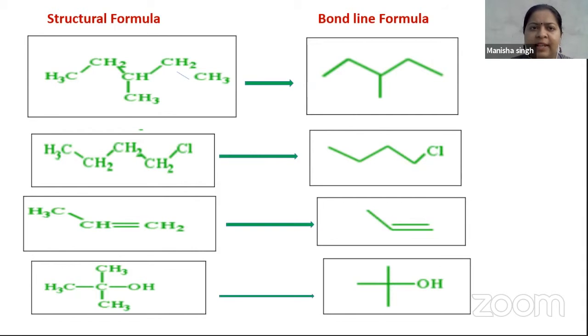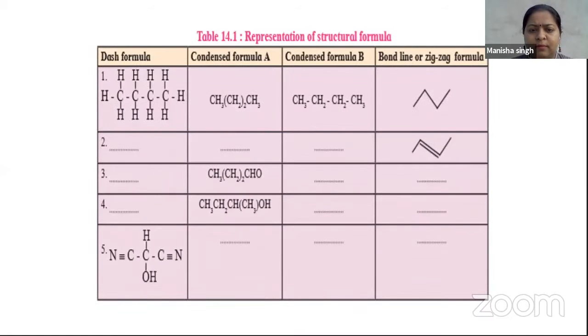Okay, next. Then we have seen how to convert the dash formula into condensed formula, then into a bond line formula or the zigzag formula. Next one.